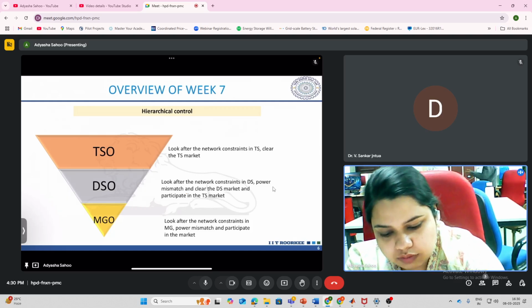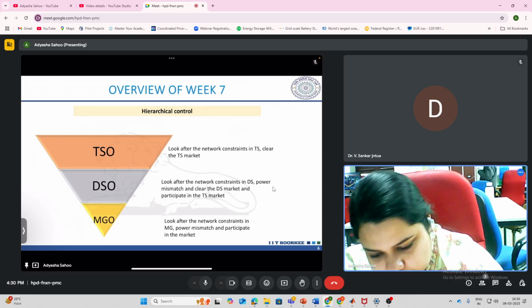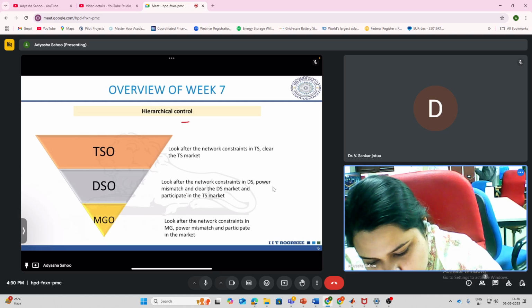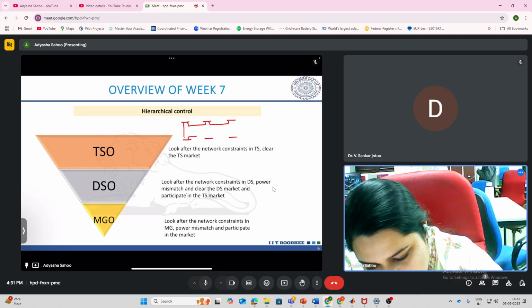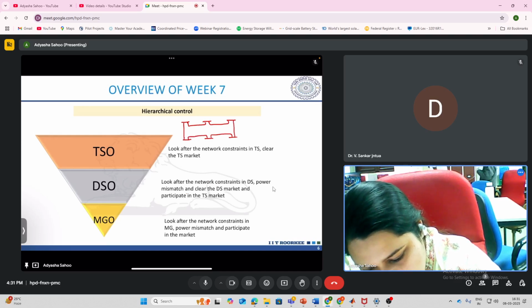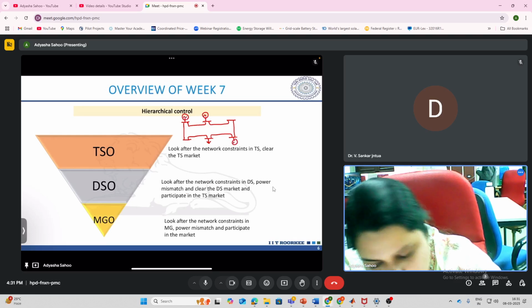So if you see, let's say, this is a radial transmission system with thermal generators and its load.